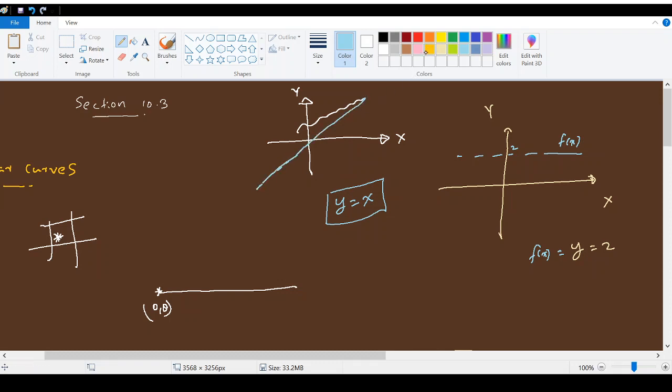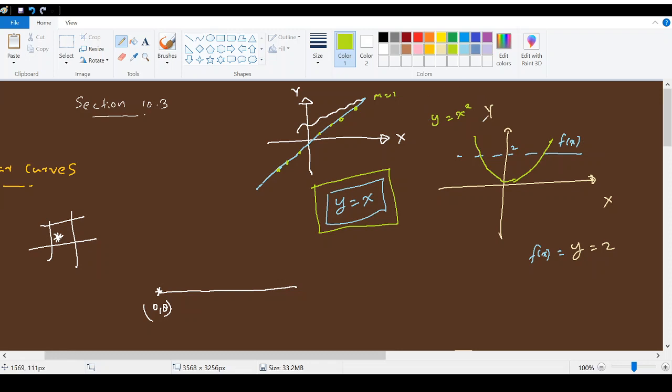The slope of this straight line is 1, right? If we choose any point on this line, then that point will satisfy the equation. That's the basic relationship between the curve and the equation, right? And if we go to another example, let's have y equals x squared. The plot will take a shape like this.